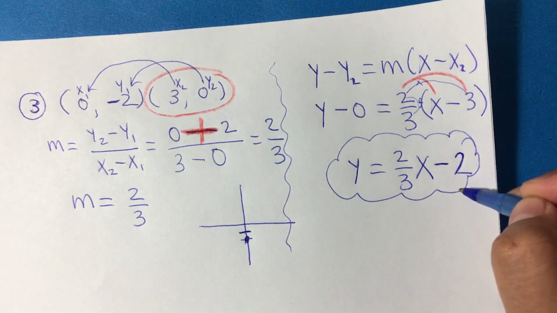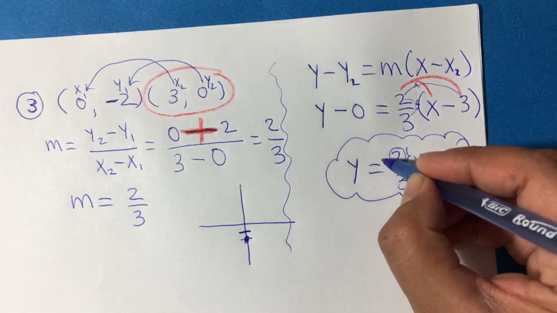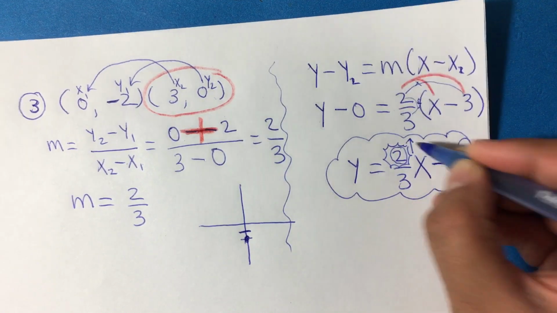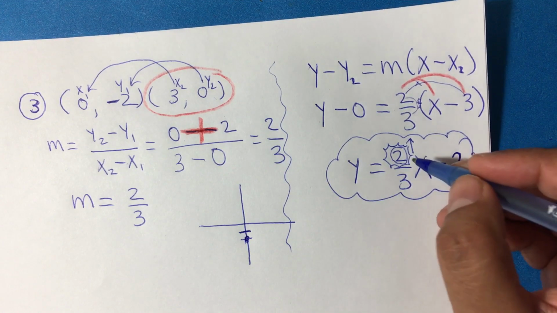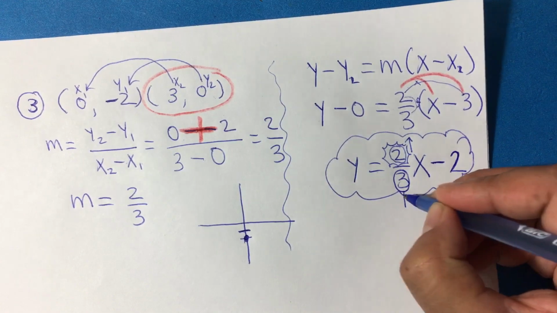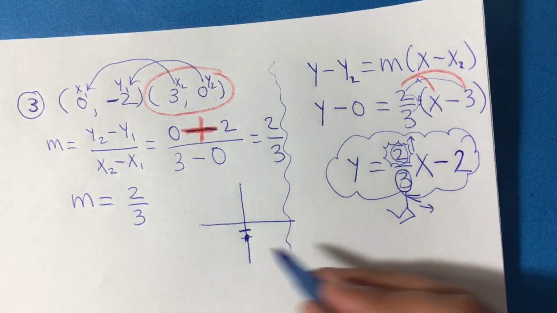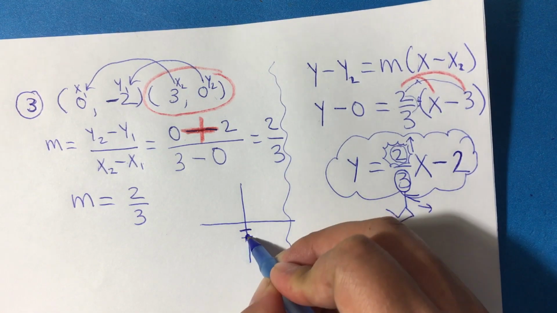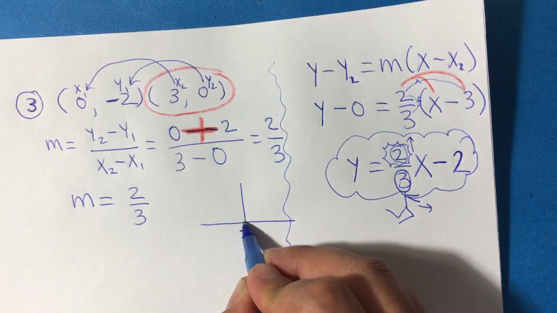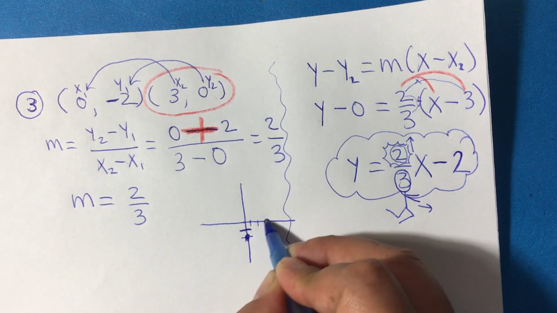Then this is the sun. Since it's positive, it's sunrise, it's not sunset. Negative is sunset. And then this is the run, it's positive, so it's going to run to the right. So from the point, you rise 1, 2, and then run 1, 2, 3, right there.